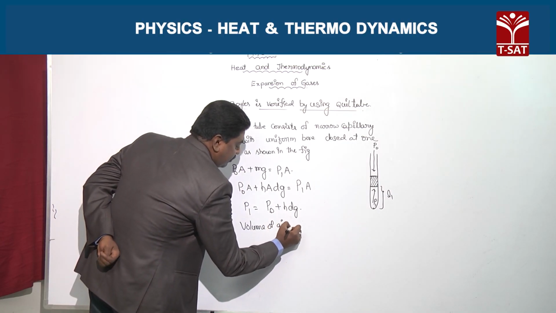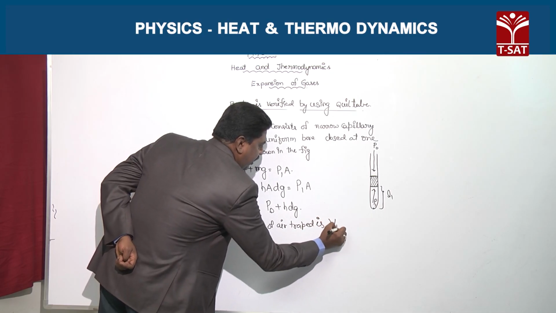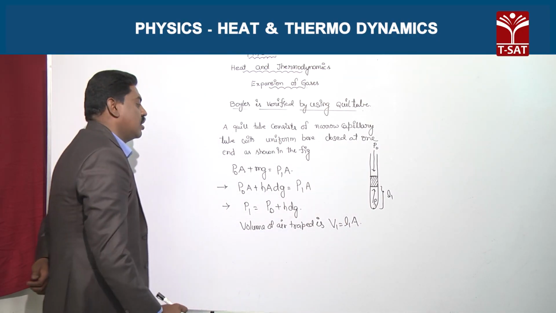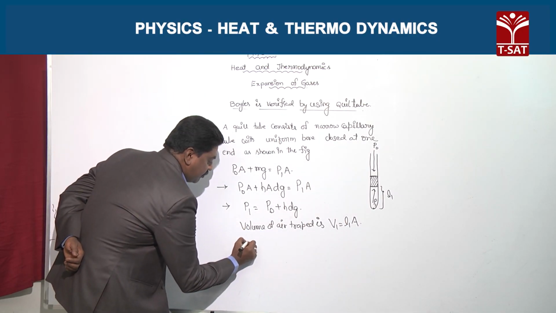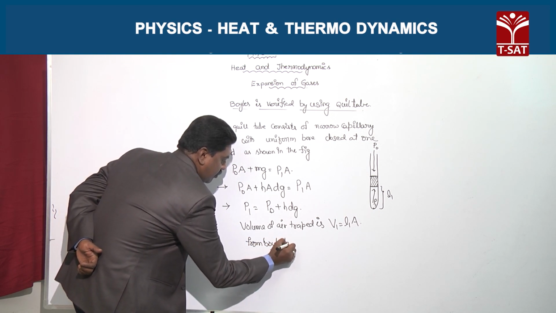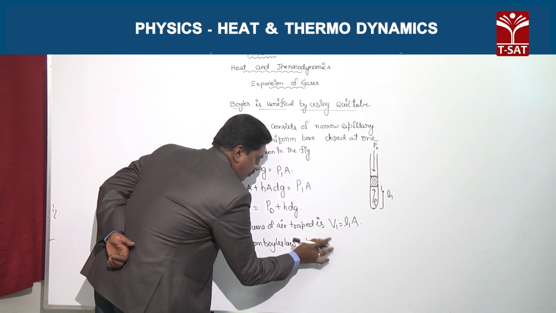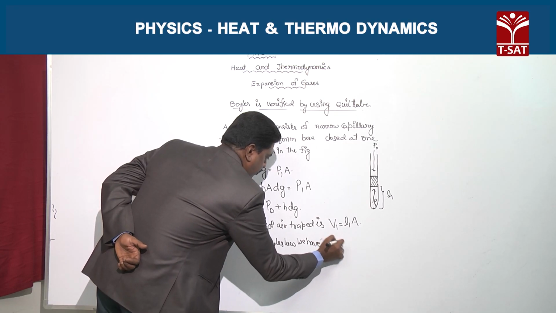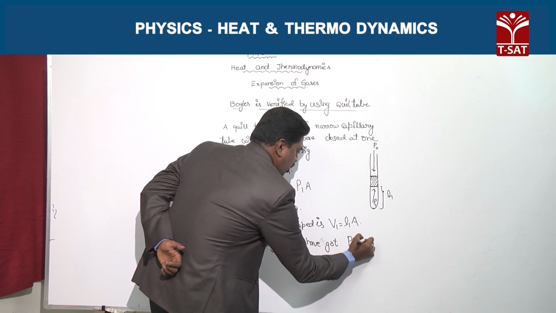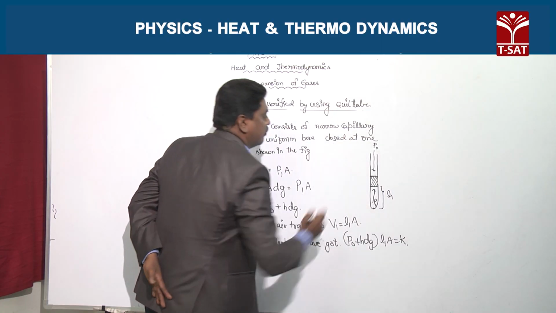Volume of air trapped is V1 equal to L1 into area of cross section. From Boyle's law, we have P0 plus h d g into L1A is equal to constant.